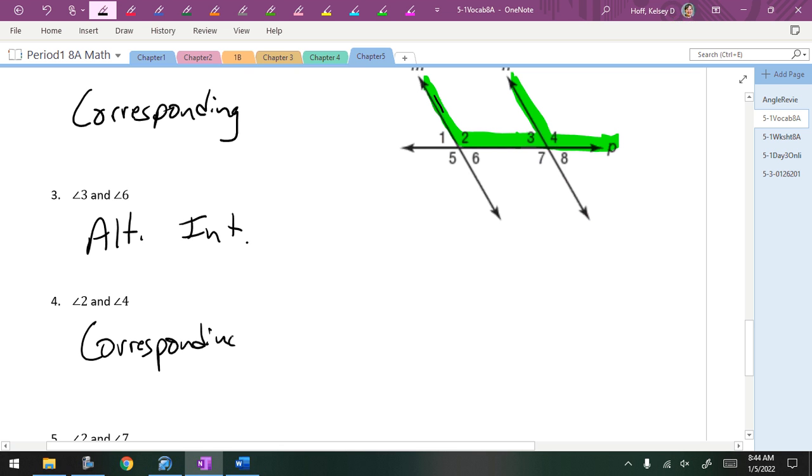Okay. Your next one is 2 and 7. Hey, let's try it without Miss Hoff highlighting it once. See if you can do 2 and 7.